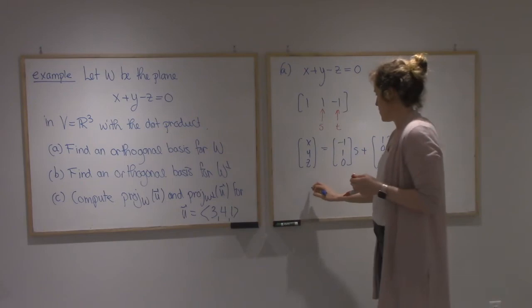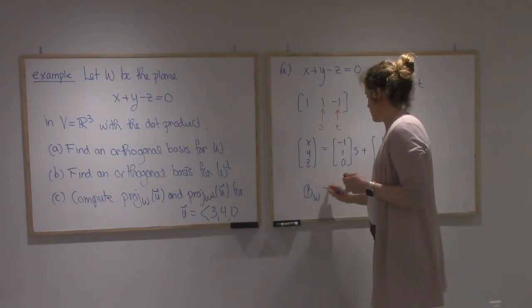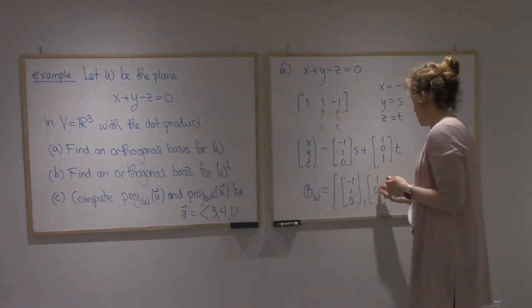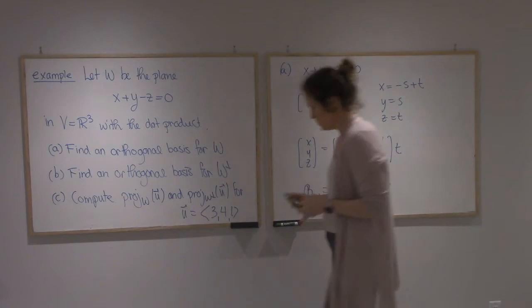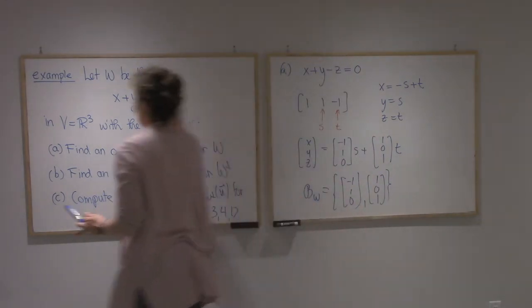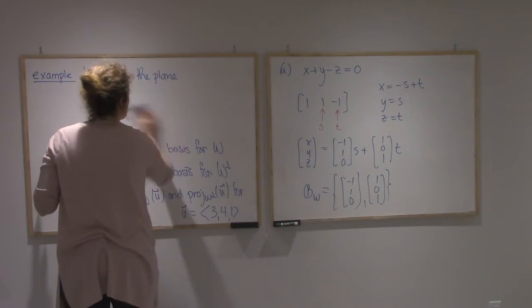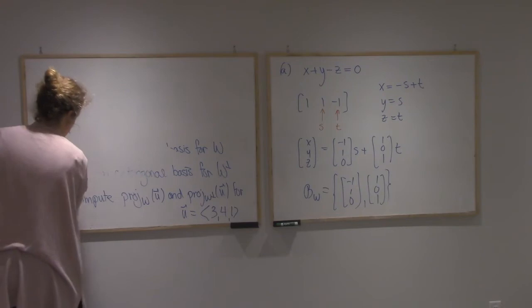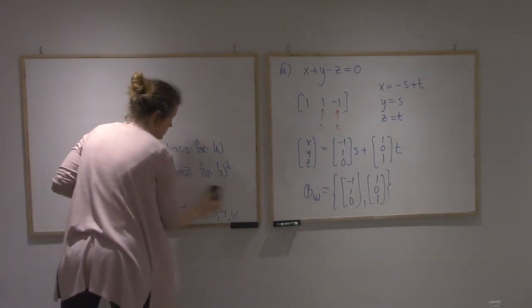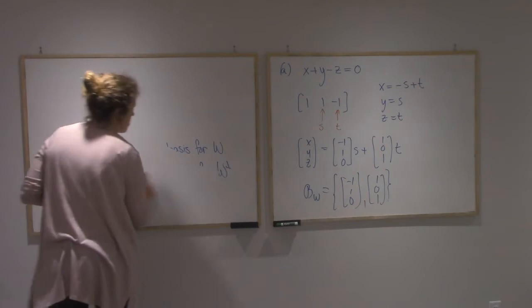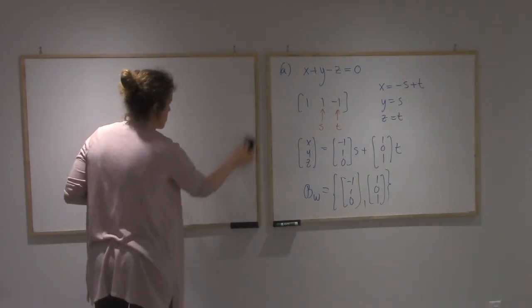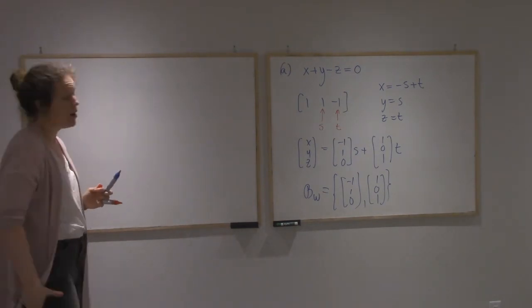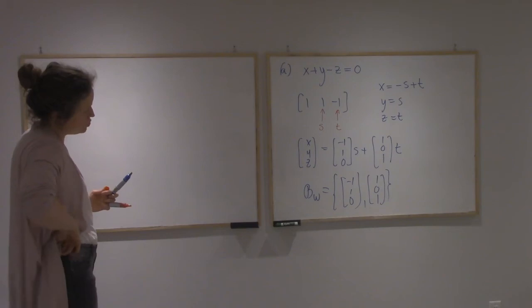Those vectors form my basis for W. Perfectly fine basis for W, not orthogonal at all. If I take the dot product, I'll get minus 1, not 0.